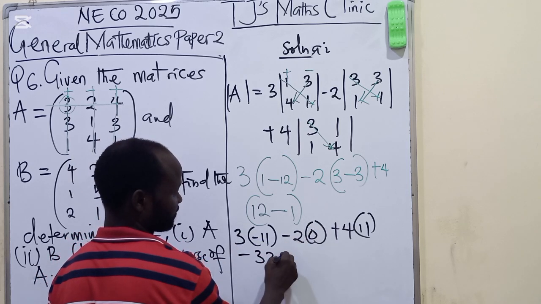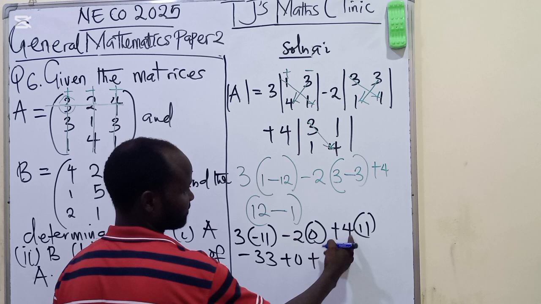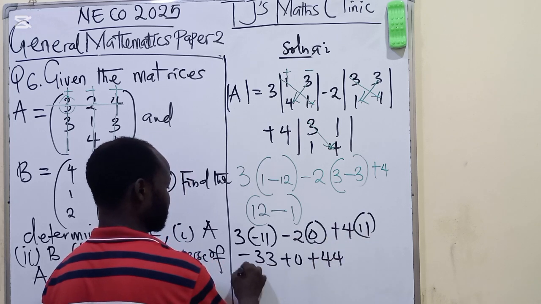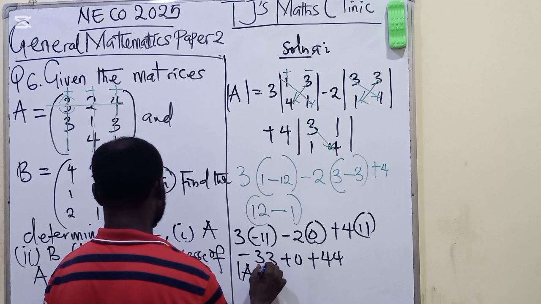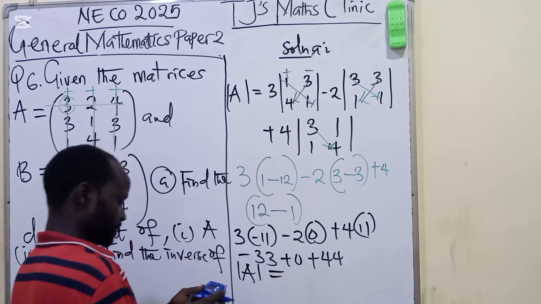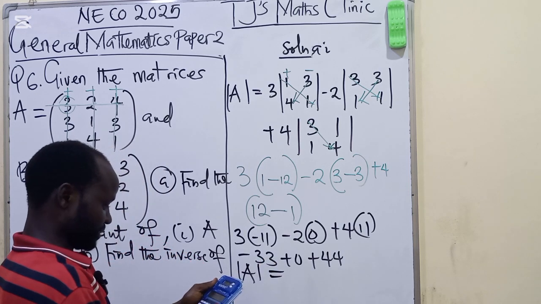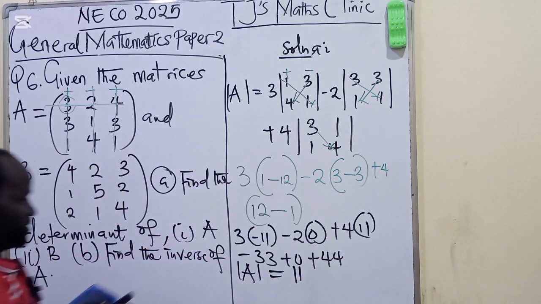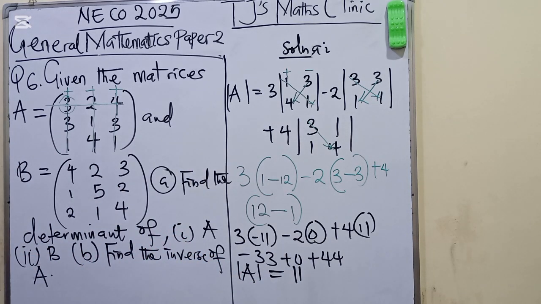Minus 2 times 0 will be 0. Then plus 4 times 11 will be 44. So the determinant of A will be minus 33 plus 44. That will be 11. So this is the solution to Roman numeral 1.